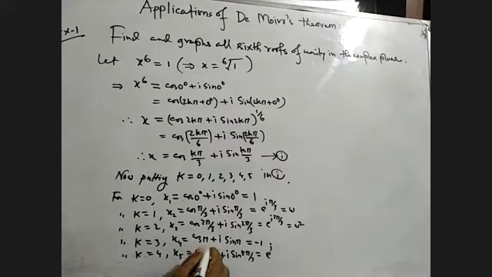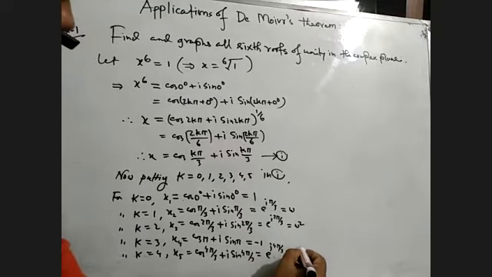Sorry, 4 pi by 3. So this will be i 4 pi by 3. That means omega to the power what will be? 4.